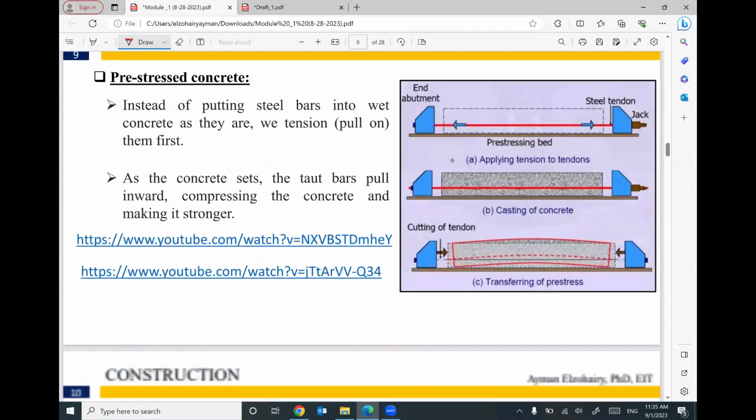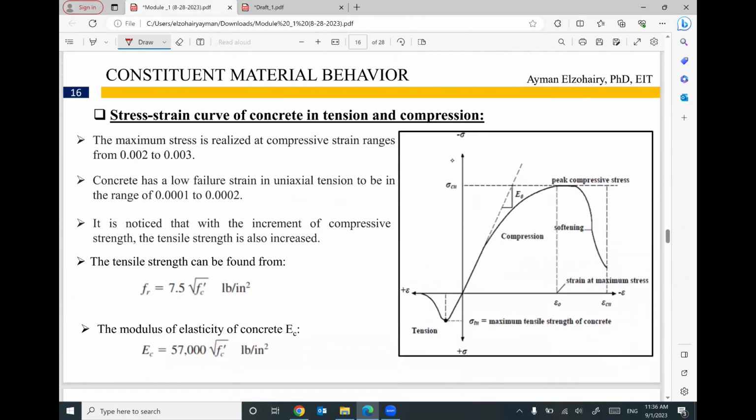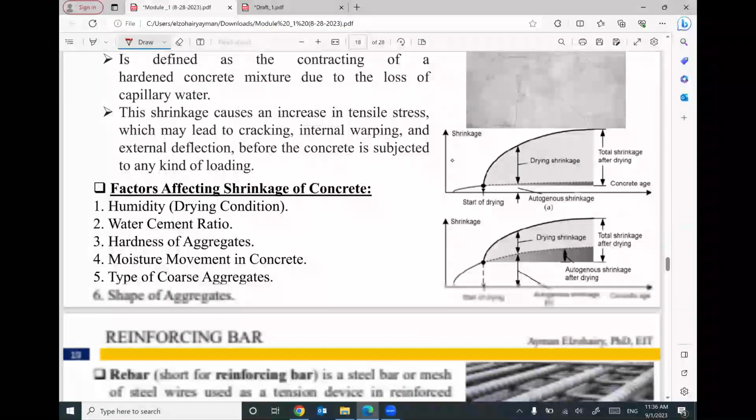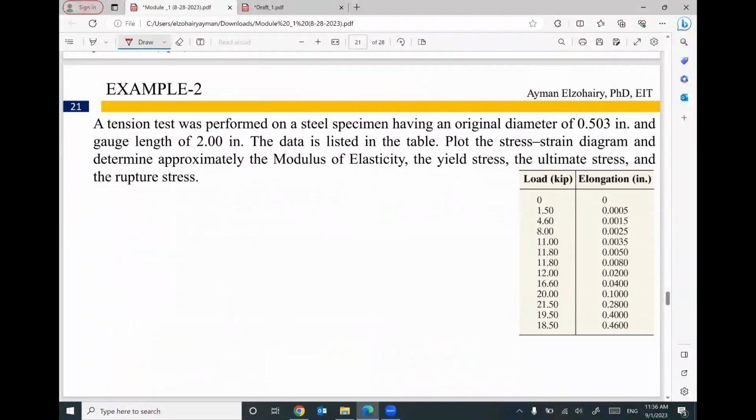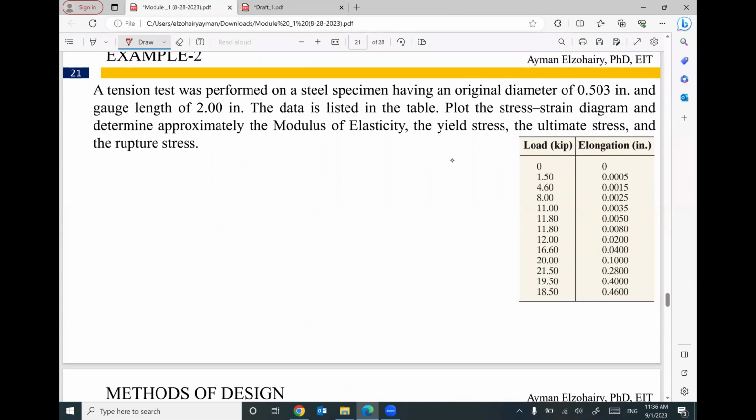We have another example here. I think you are familiar with it. I think you have one like this example in your homework. We have a steel rebar with gauge length equal 2 inch, and the diameter of this steel rebar is 0.503 inch.